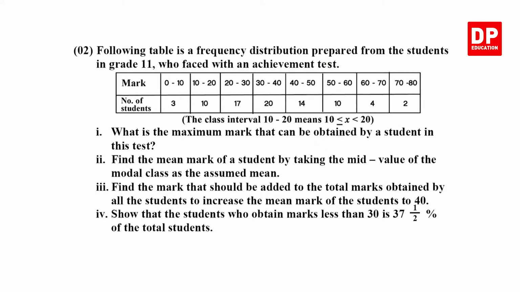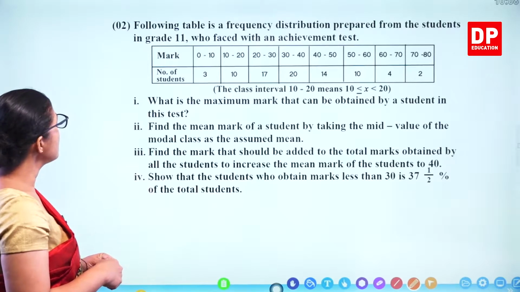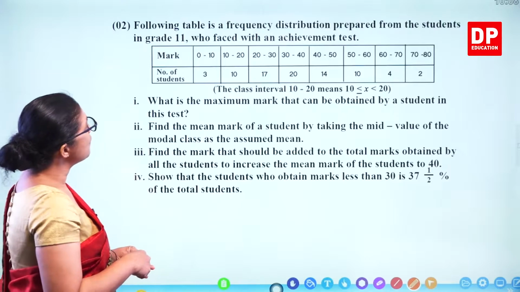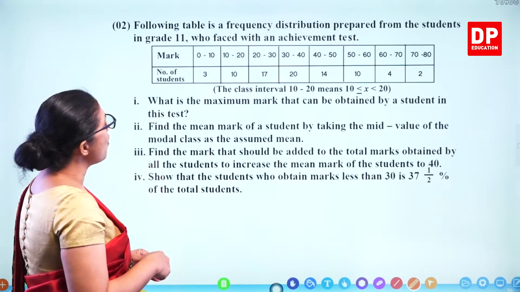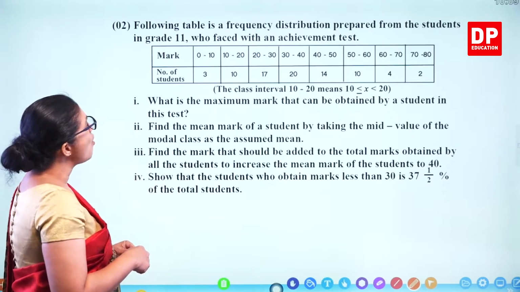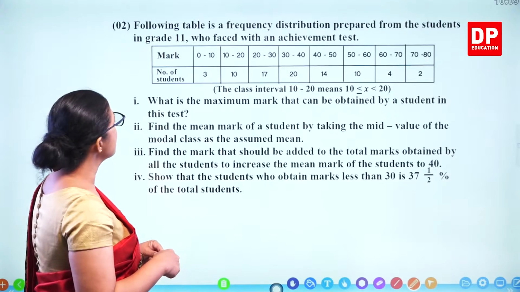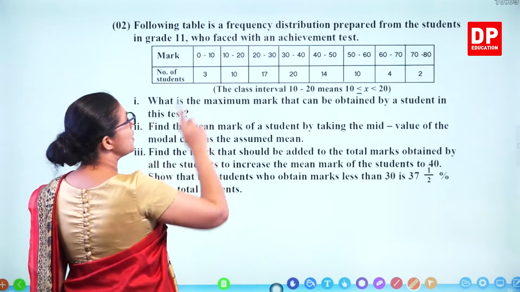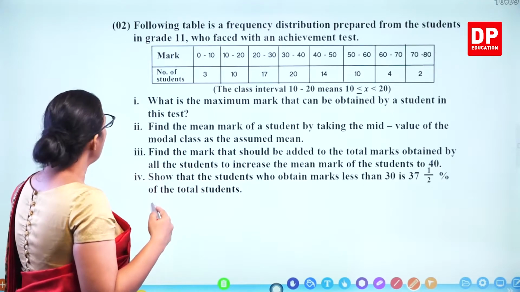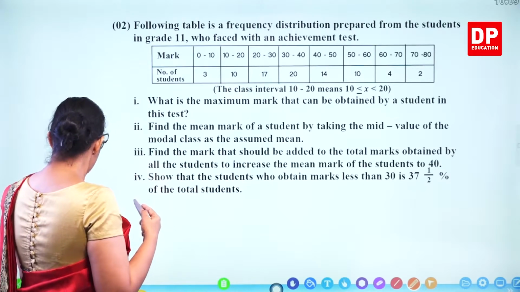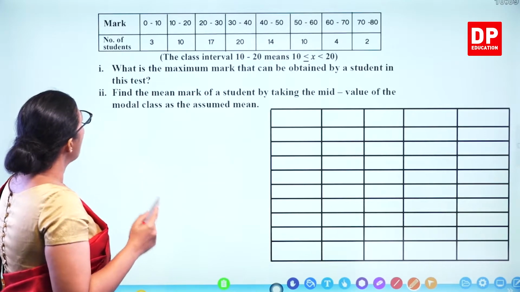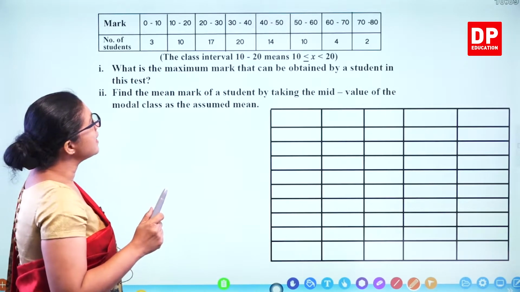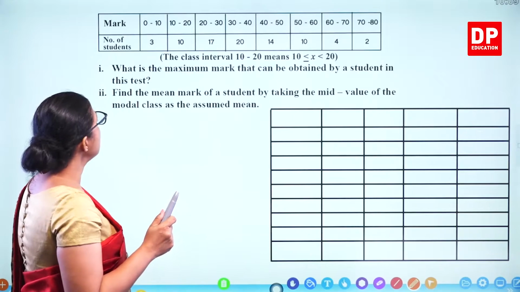Now you can do question number 2. You get 4 parts. The following table is a frequency distribution prepared from the students in grade 11 who faced an achievement test. The boundaries are given, there are no gaps in between. Now we'll do the other parts. What is the maximum mark that can be obtained by a student in this test?